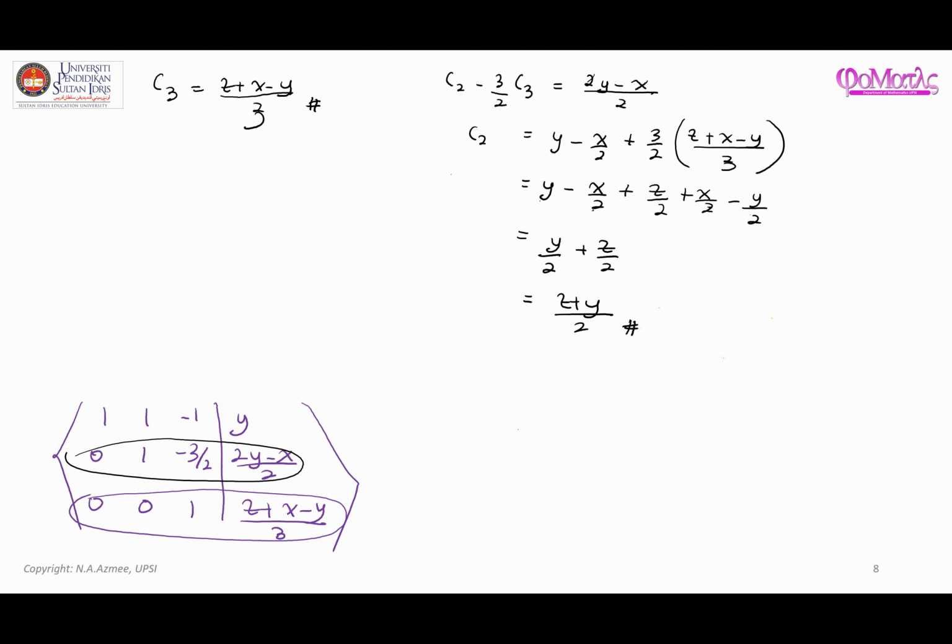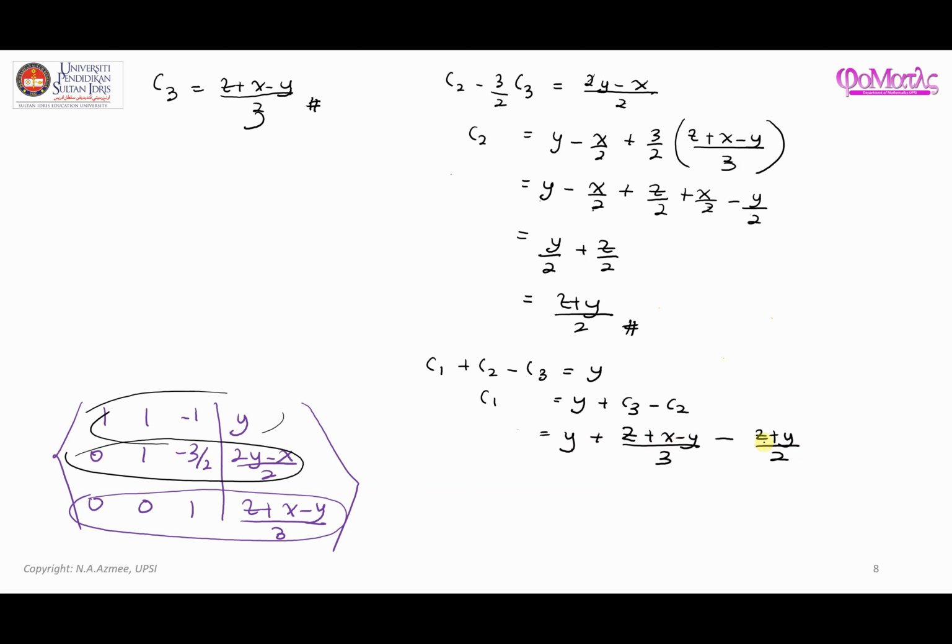And next is the last one here. We have C1 plus C2 minus C3 is equal to y. So C1 is y plus C3 minus C2, y plus z plus x minus y over 3 minus C2, which is z plus y over 2.